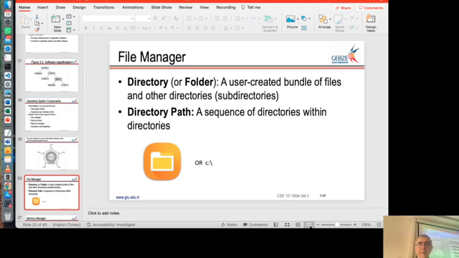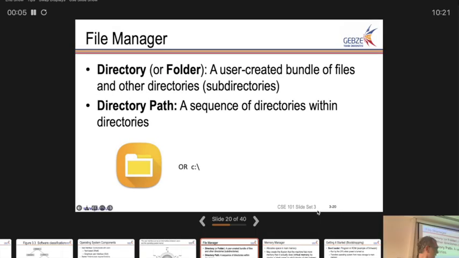That's why we have the folder symbol placed like this.